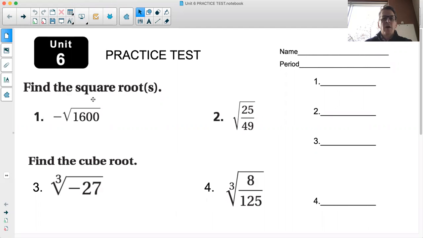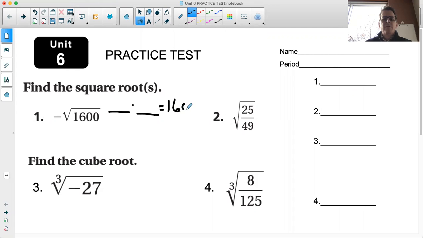Find the square roots. Number 1, we're looking for the negative square root of 1600. So basically, we're looking for the two numbers that, when you multiply them together, get you 1600. In this case, it is 40 times 40 is equal to 1600.